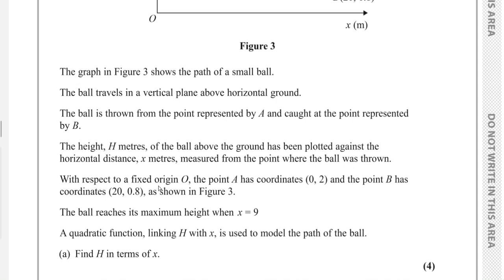With respect to a fixed origin O, the point A has coordinates 0, 2, and the point B has coordinates 20, 0.8, as shown in figure 3.